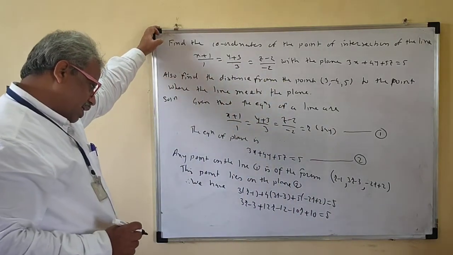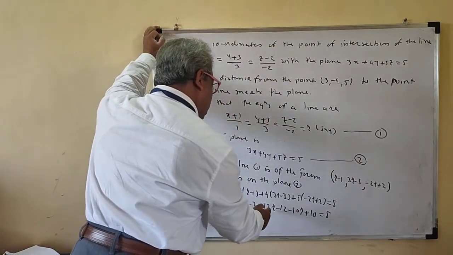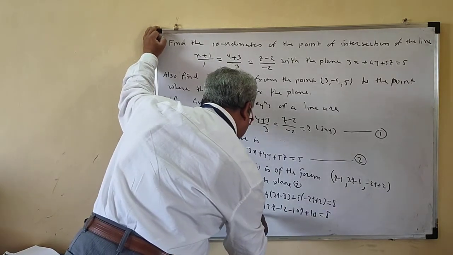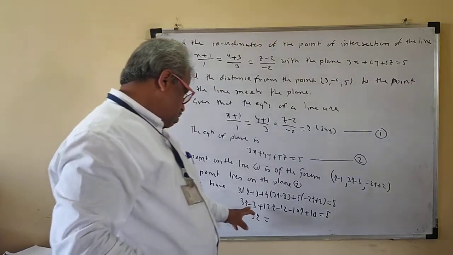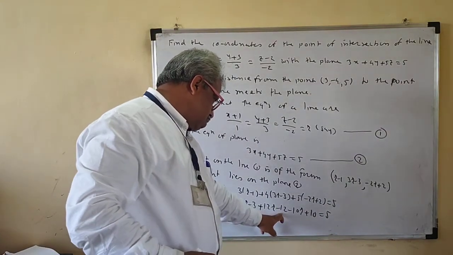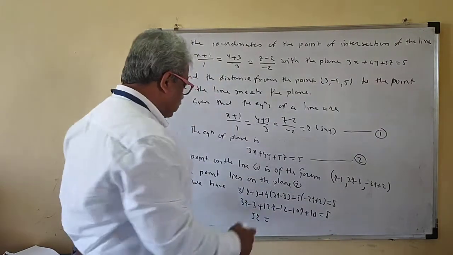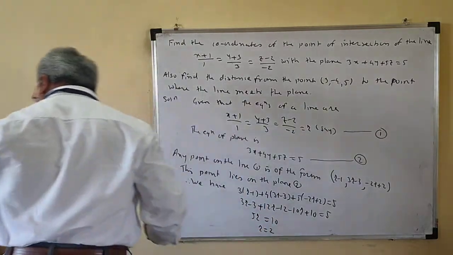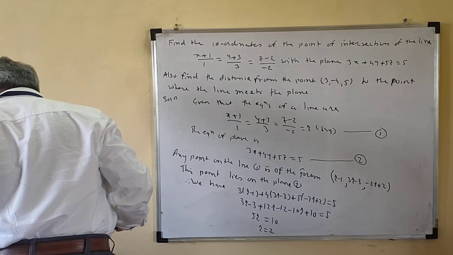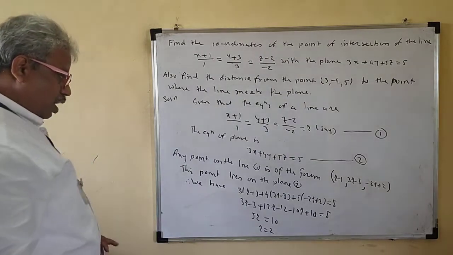How many r are there? 15r - 10r, so 5r. The constants are -15 + 10, so -5. So 5r = 10. So r is equal to 2.